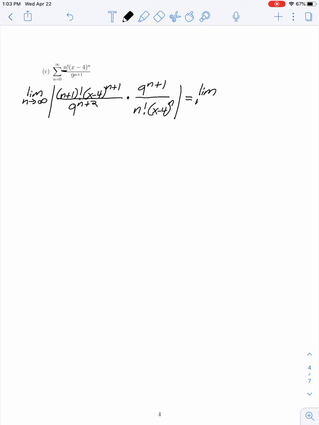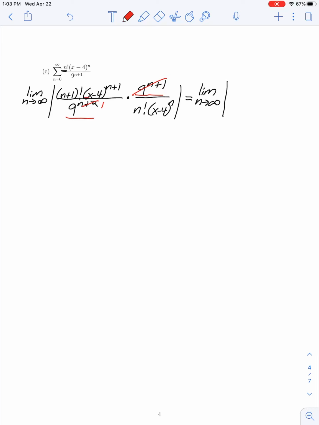So this gives us the limit as n approaches infinity of, well, let's see which terms can be simplified. Here we could start with the constants, 9 to the n plus 1 divided by 9 to the n plus 2. If I cancel n plus 1 powers of 9 on top and bottom, I'm left with 1 power of 9 in my denominator.